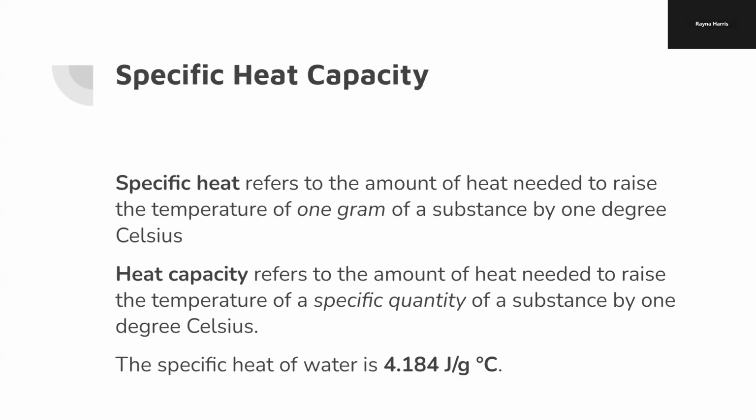But heat capacity refers to the amount of heat needed to raise the temperature of some quantity by 1 degree Celsius. So when we talk about the heat capacity of the lake, we're not talking about 1 gram of water, we're talking about the whole lake.